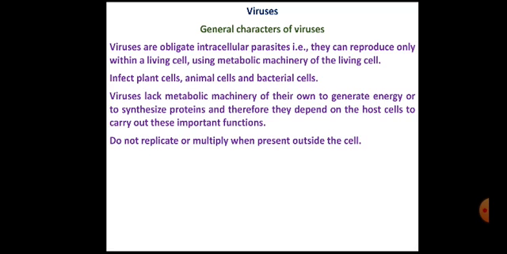They do not replicate or multiply when present outside the cells. For example, viruses are present in droplets. Viruses may be present on dust particles. Whenever they are present in this form, they are not multiplying.